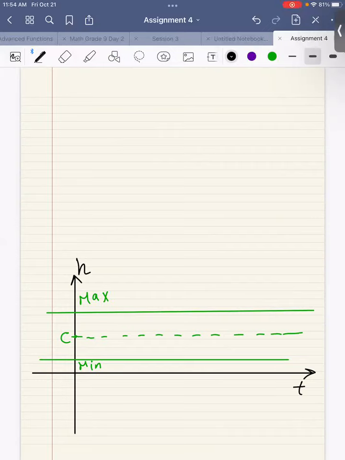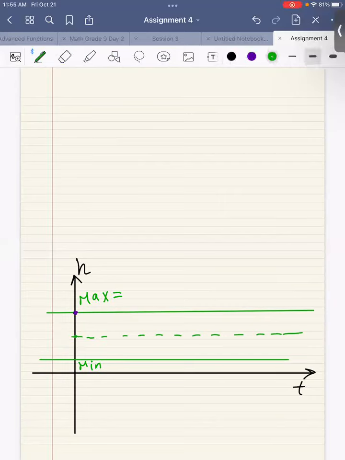Okay, so at T equal to 0, it says that the swing is at its maximum point, right? According to this question, at T equal to 0, the height is here, the maximum. And by the way, we know from this information, what is the maximum? Tell me, according to this question, what is the maximum? Look at the question, please.